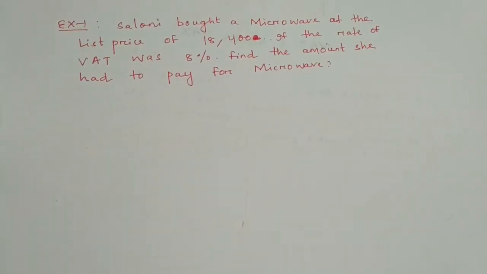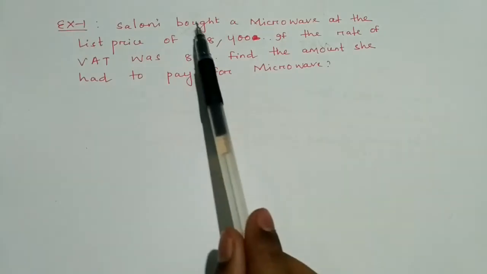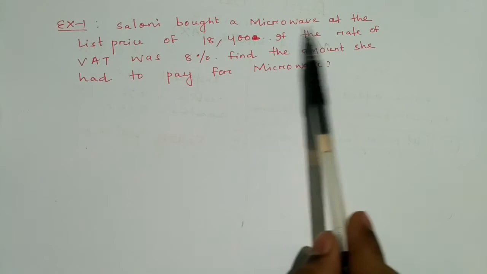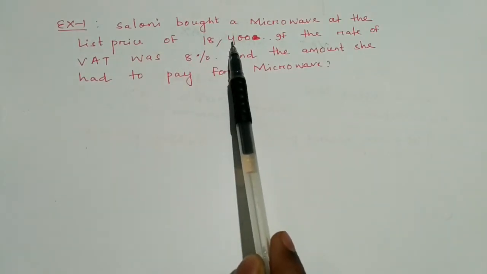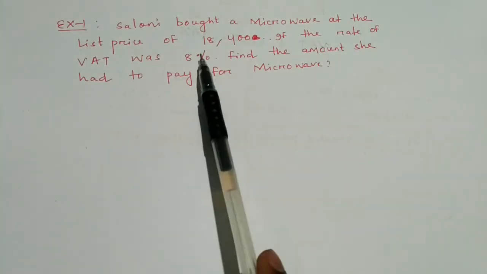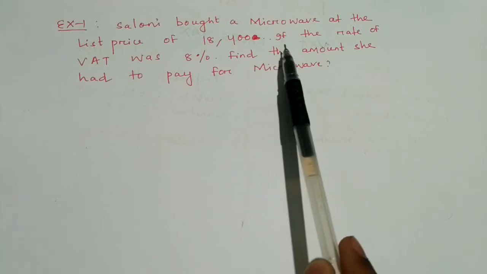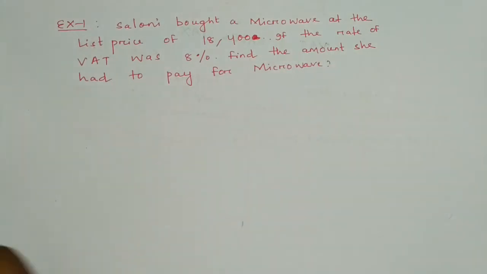So friends, after we know about the concept part, let's do some examples. First thing, we have to do the question reading. Saloni bought a microwave at the list price of 18,400. If the rate of VAT was 8%, find the amount she had to pay for the microwave.